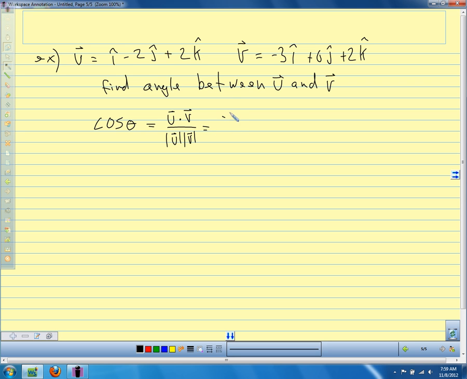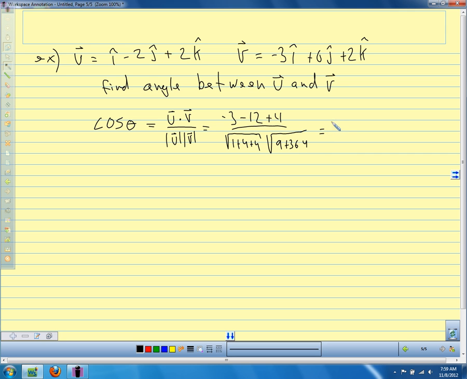We get minus 3 minus 12 plus 4 over the magnitude of u, which is the square root of 1 plus 4 plus 4, times the magnitude of v, the square root of 9 plus 36 plus 4.